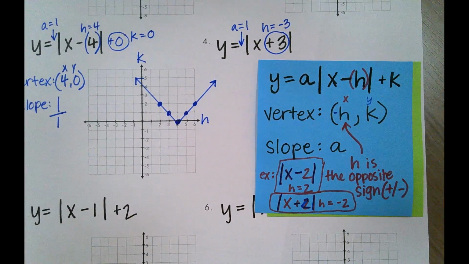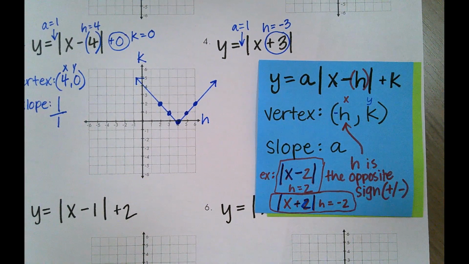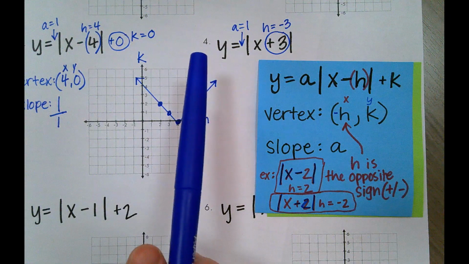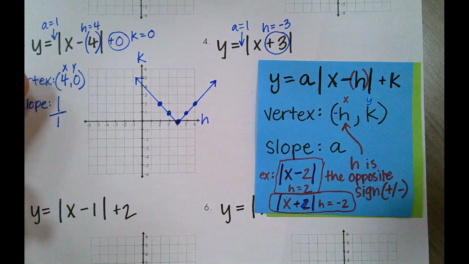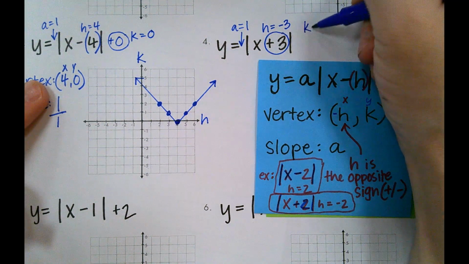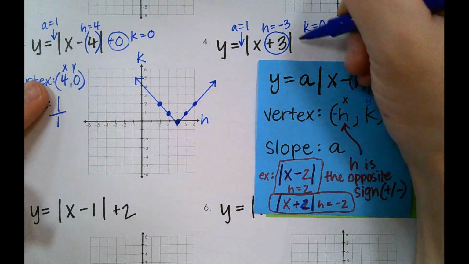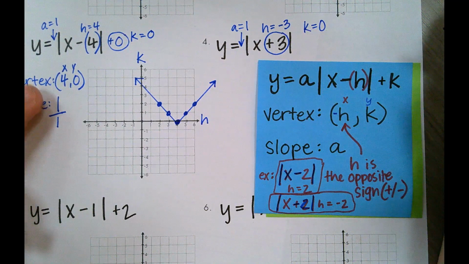Go back to number 4 here. We said A is 1, H is -3. What's my K? 0. K is 0. There's no number at the end, so K is 0.